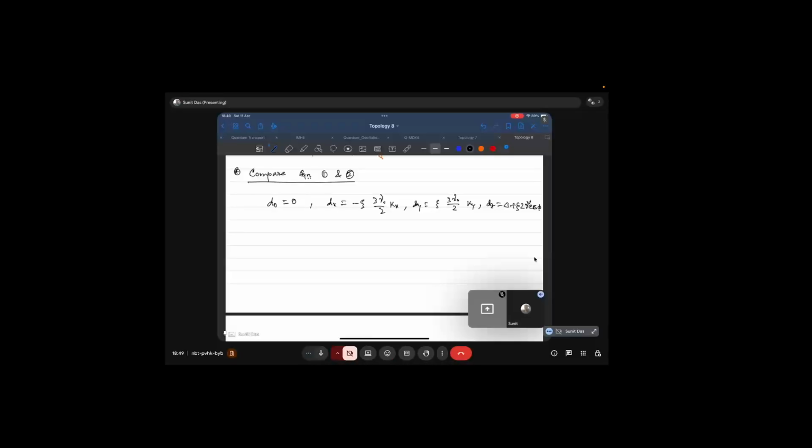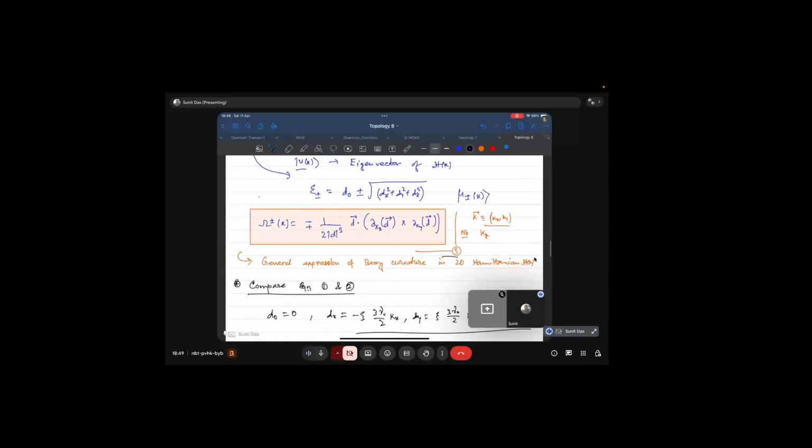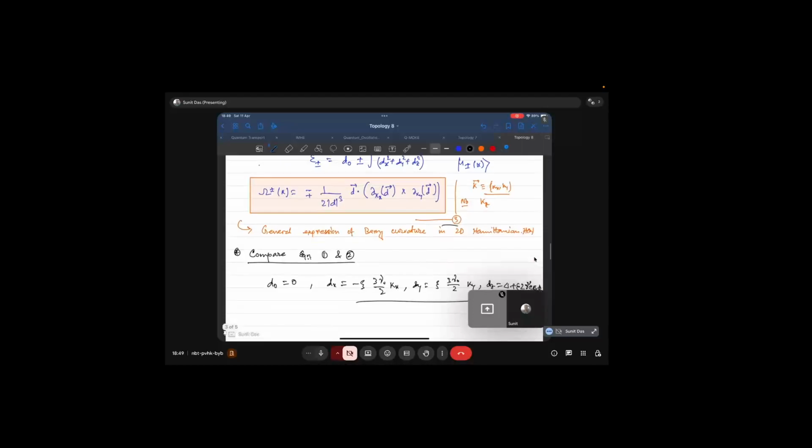Okay. So if we have this, we already know what the d vector is, right? The d vector is nothing but the combination of dx, dy, and dz. Using this, we can derive the Berry curvature from equation 3.